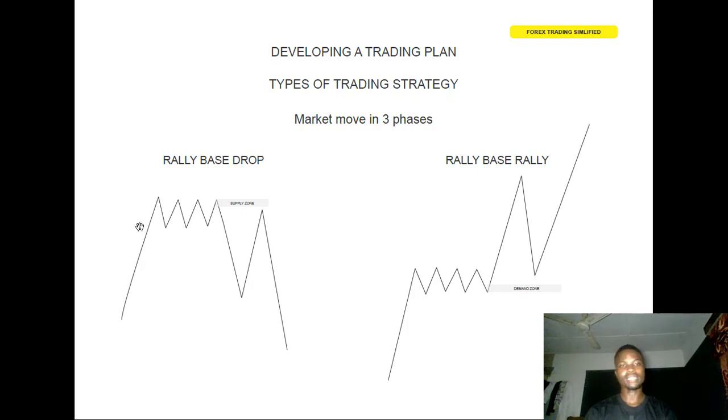Previously it was the buyers that were in the market, and the buyers were still trying to seek more liquidity around here, but because they were unable to, the sellers pushed the price down. Now the market has changed from buying to selling around here. So the opportunity that you will be looking out for is to sell the market. Immediately you see that the market has broken through this level, what you have to do is wait.